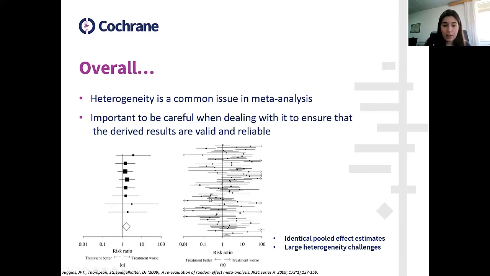For example, these two meta-analyses have identical pooled effect estimates, but there are a lot of studies here with contradictory results, and only a small number of studies here, where we say that heterogeneity might not be important. So which one would we trust? Large heterogeneity may challenge the trust we can place in our results, and we should be very careful with that.